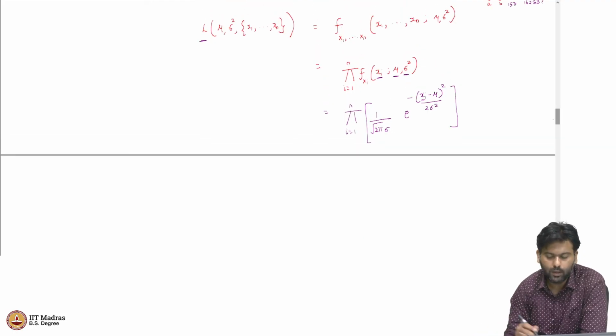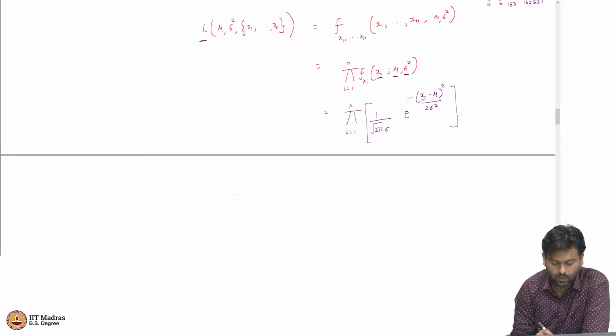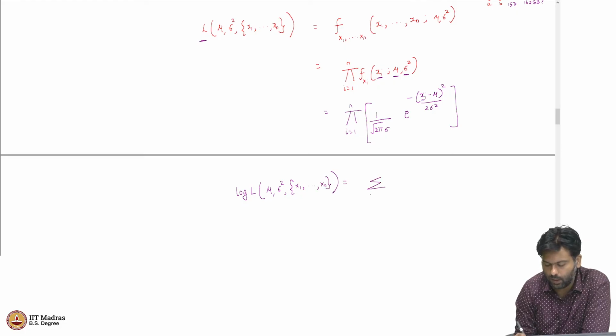Now you do the same drill. This is a product of a bunch of things. So you take the log of the likelihood function of mu, sigma squared, x1 to xn. I'll just do this for completion, only one example. So this is the sum over i equals 1 to n of log of 1 by square root 2 pi sigma.